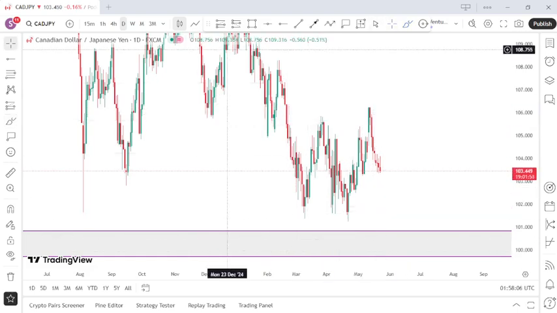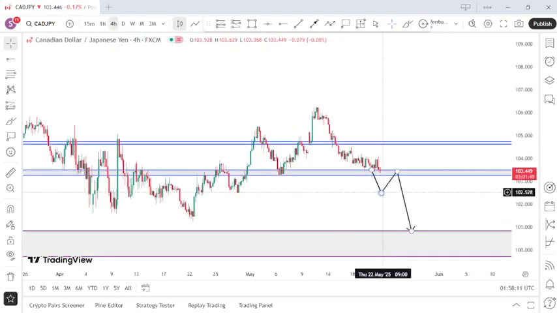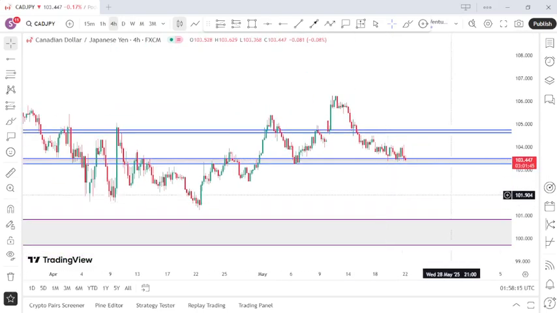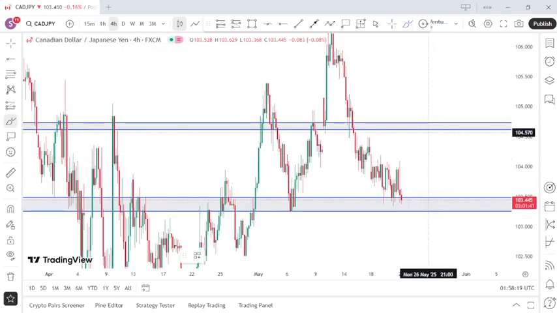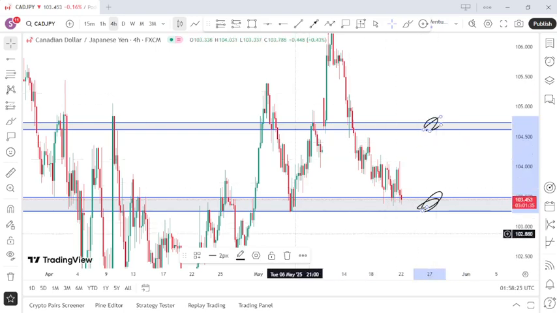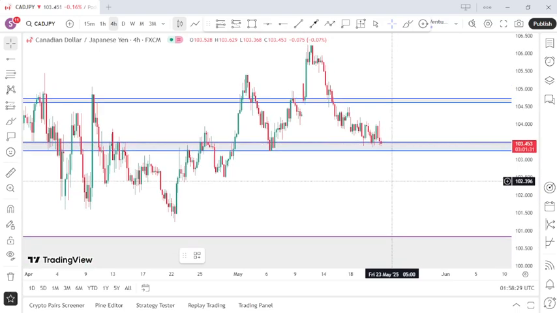So let's go to the 4-hour and prepare for an entry on CADJPY. On the 4-hour time frame, I have my 4-hour upper zone here, my 4-hour lower zone here. We all see that from the 3 months all the way to the 4-hour, we are looking at a bearish market.